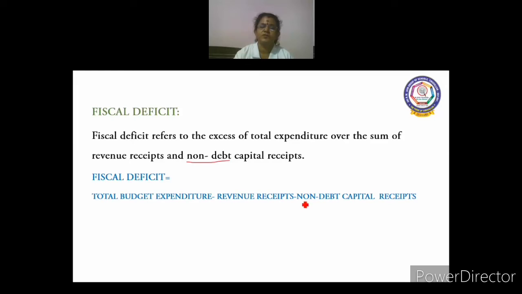Then what is non-debt capital receipt? Non-debt capital receipt does not lead to liability. It does not create liability. For example, disinvestment.